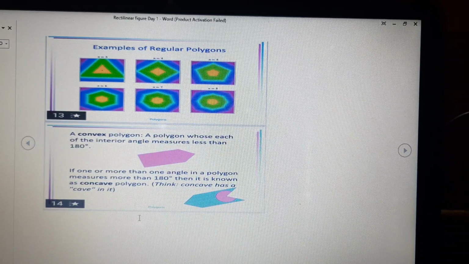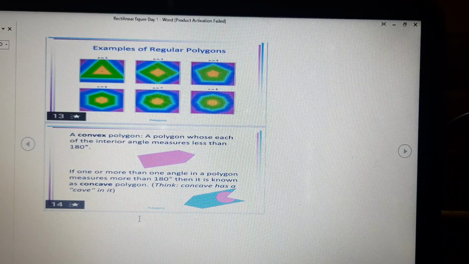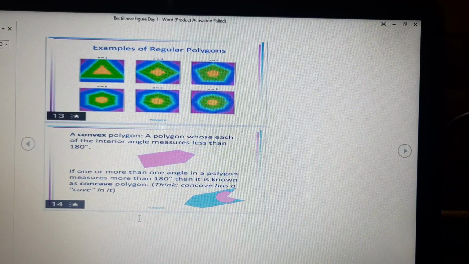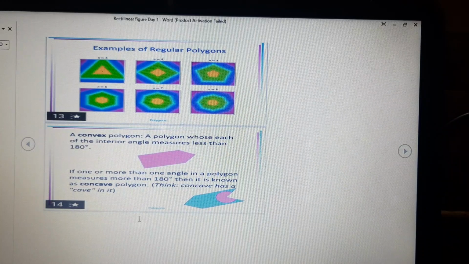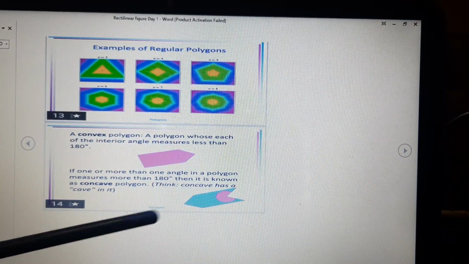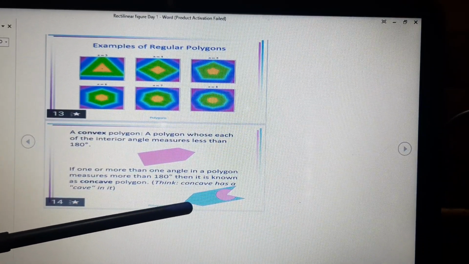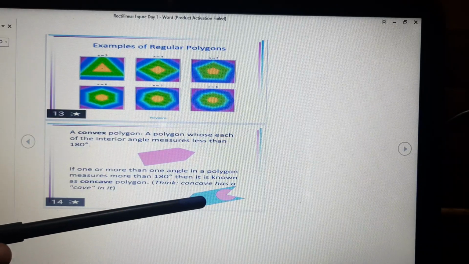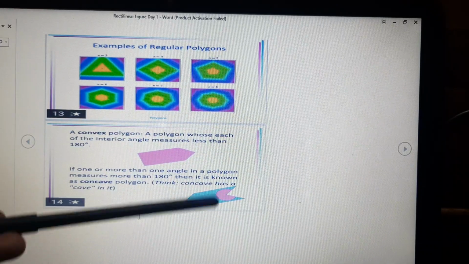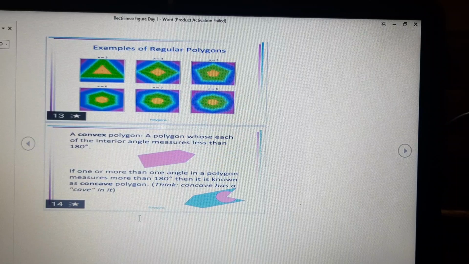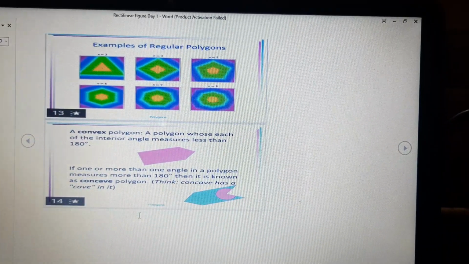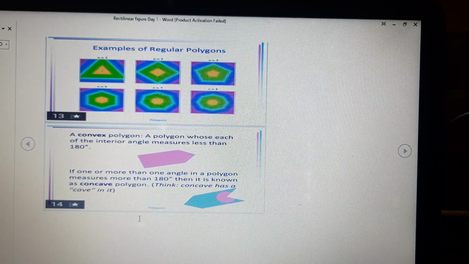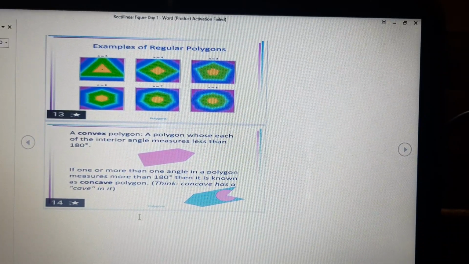In a concave polygon, if one angle is a reflex angle, meaning the measurement of one angle is more than 180 degrees, then the polygon is known as a concave polygon. As in this figure, the rest of the angles are either acute or obtuse, but this angle, which is shaded with pink, is a reflex angle; it is more than 180 degrees.